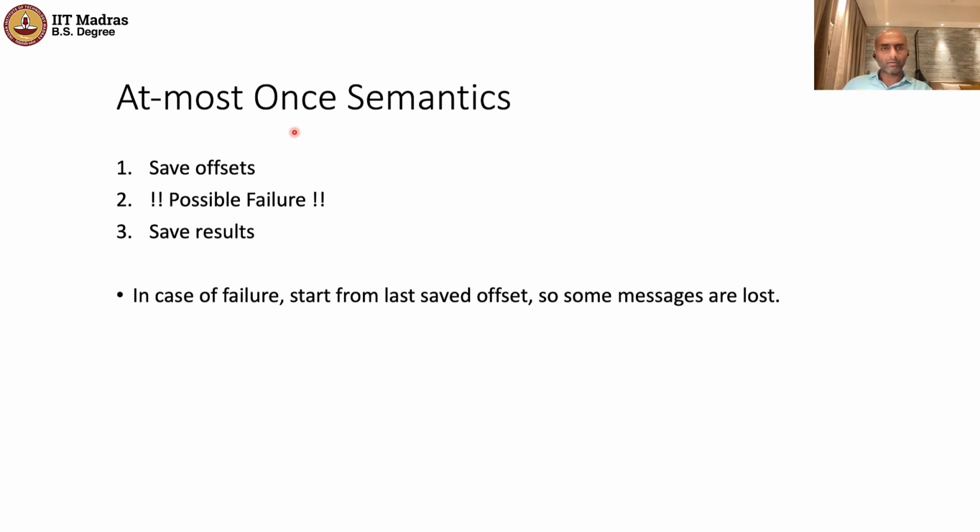Okay, so for consumption, right, what happens to the consumer? The consumer keeps track of its own offsets. We spoke about that being one of the fundamental decisions that Kafka's design makes. So the consumer consumes data. Once it's consumed data from a particular topic, from a particular offset, the offset is saved, which means firstly the offset is incremented, saying that, okay, I've consumed the next message, and then I'm going to do some action on top of that message.